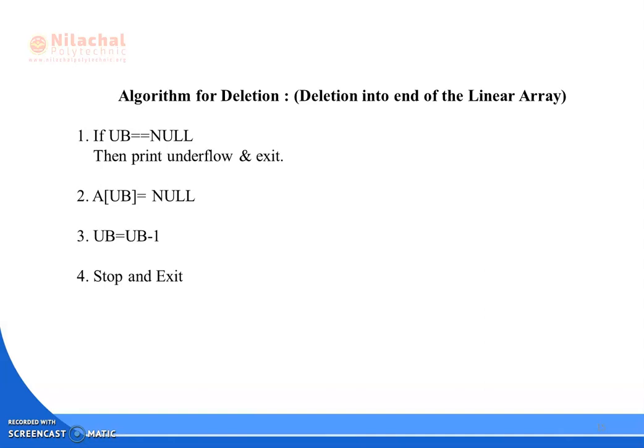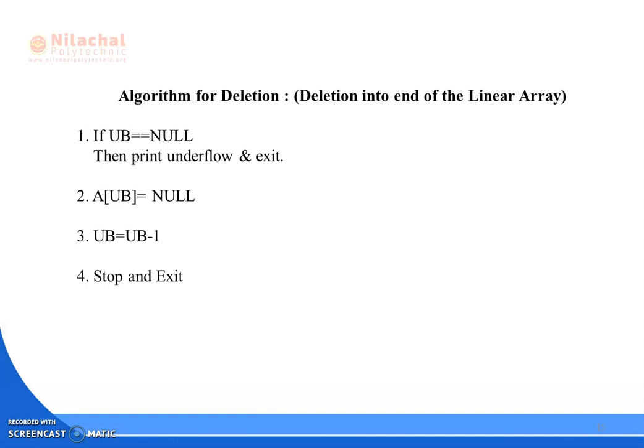But in the deletion operation, what we need to check is whether there is any element in the linear array. If there is any element, then only we can do the deletion operation.